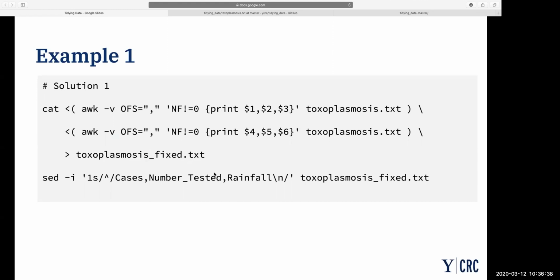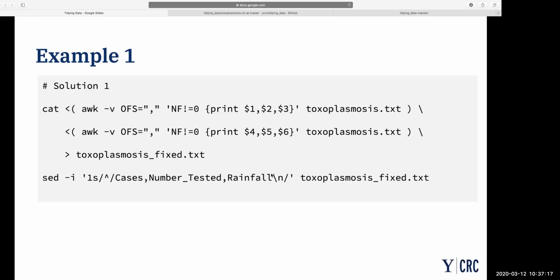Once I do that, I'll have comma-separated output of what I want, but the only thing that's missing is I don't have a header for my data. So I can use sed to be kind of tricky and add something just to the very top of a file with this expression, where I say match the very beginning of the very first line and replace that with a brand new line that is my header that I want. So cases, comma, number tested, comma, rainfall, and this \n means a new line character. What I'm doing is matching the beginning of the file and replacing it with a new line.